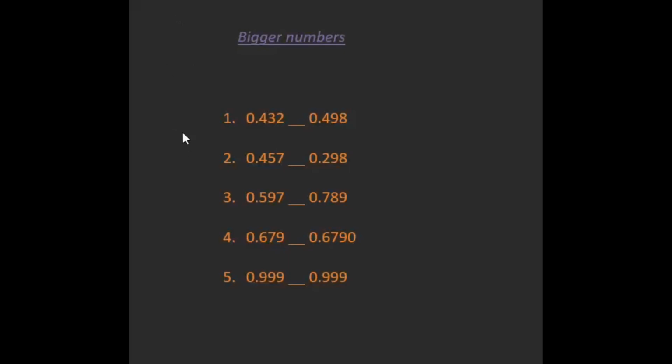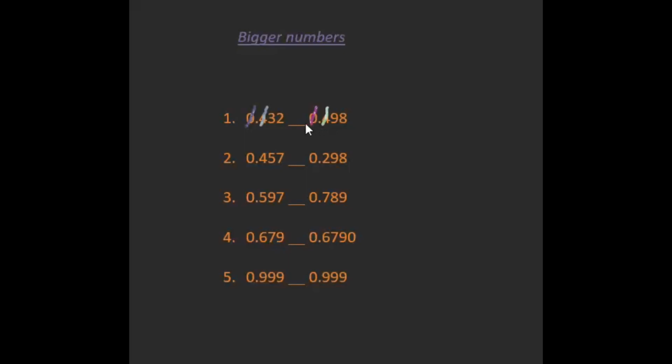Okay, 0 and 432 thousandths and 0 and 498 thousandths. So we straight away know that 0 and 0 can't be compared with each other because they're equal. And then 4 and 4 can't be compared with each other either because they're equal again. But then now we see that there's a 3 and a 9. And you should know that 3 is less than 9.